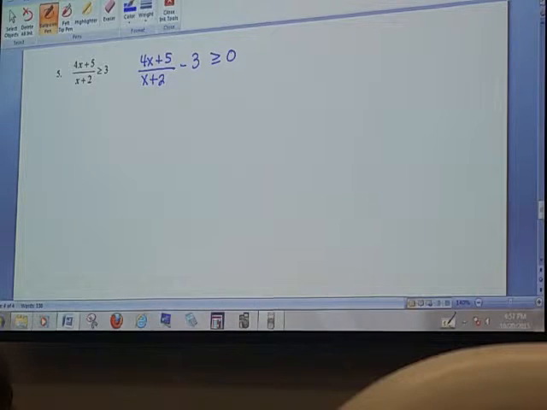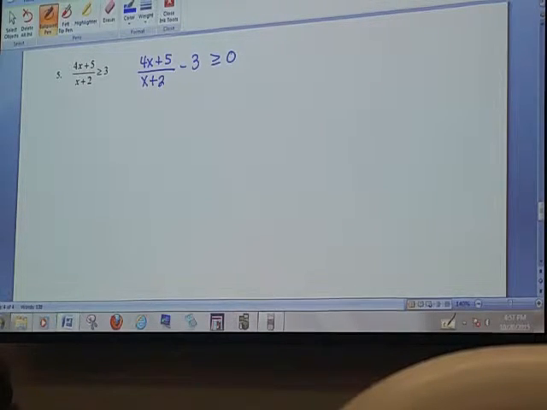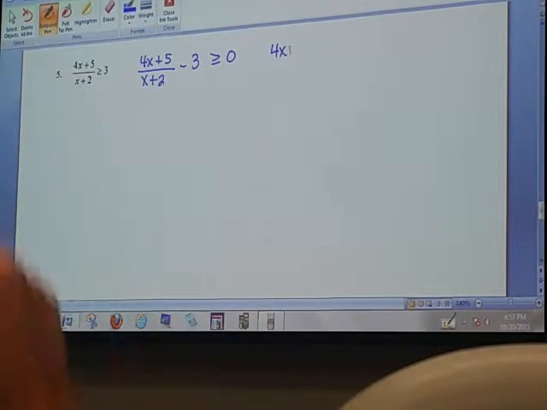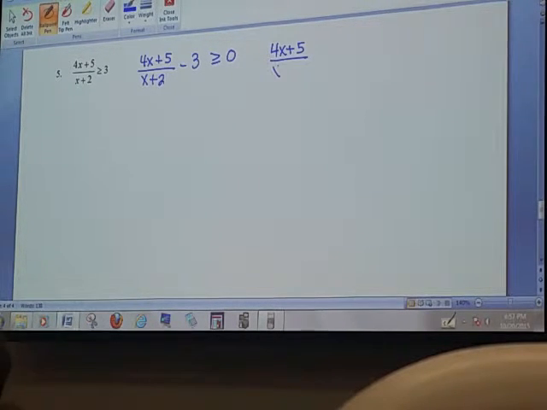And now I have to put those two together, because I need a single fraction. I can't do the analysis unless I only have one fraction. So that means I have to get a common denominator, which is x plus 2. I have to multiply on the top and bottom by the common denominator.